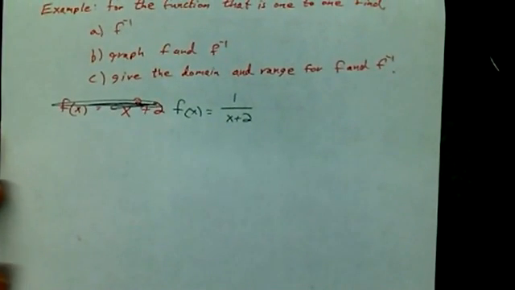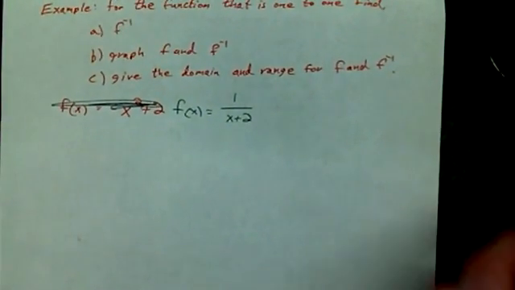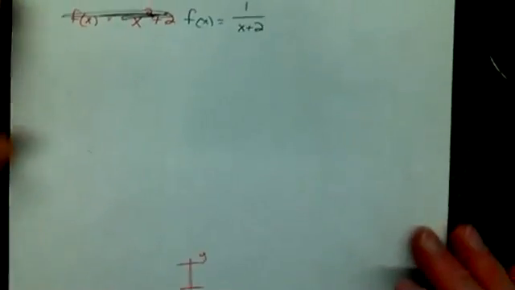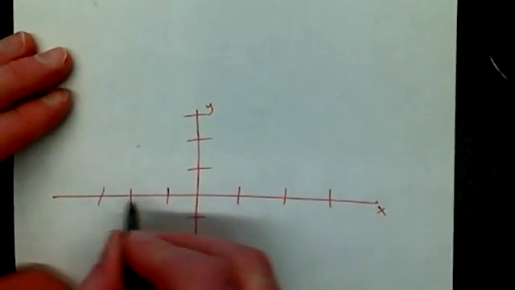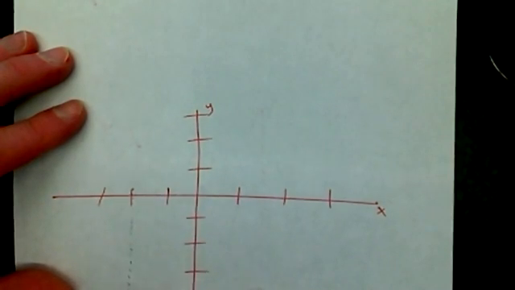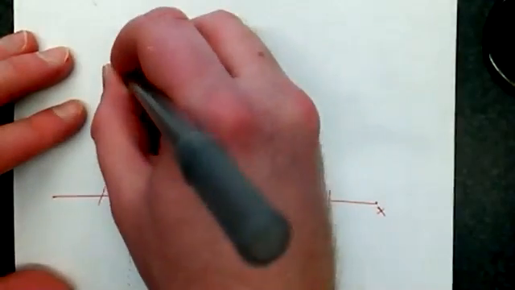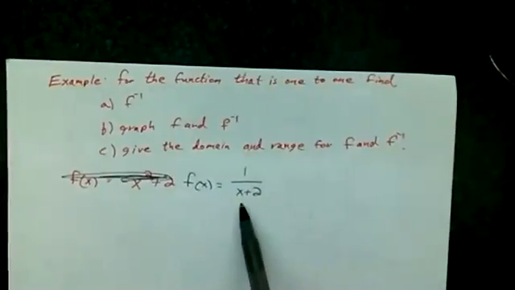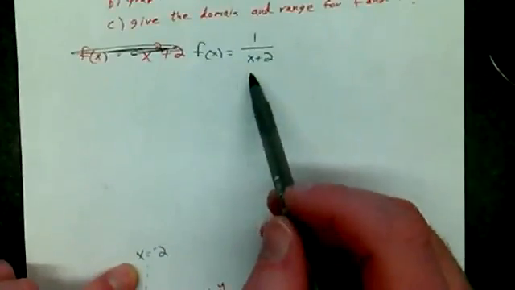We know what that looks like, right? In fact, I'll even graph that one first. So 1 over (x plus 2), if you remember from our chapter 3, that'll look like this. It'll have a vertical asymptote at x equals negative 2. That's easy to see because we can't have a 0 in the bottom.